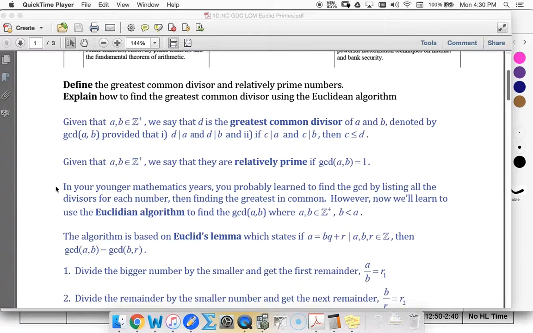So when you were a child, you probably learned to find the GCD by listing all the divisors and then finding the one that was greatest. But what we're going to do is talk about the Euclidean algorithm to find it.